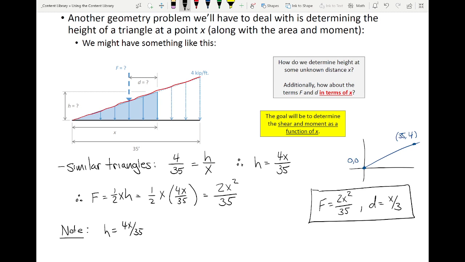I propose that if you wanted to write a function for the load, it would just be that, because at any point x along the span, that's the load. It's just negative because the load's going down. Does that make sense? If that concept makes sense, then that concept will help me explain why plus c matters. You remember that. Plus c matters.